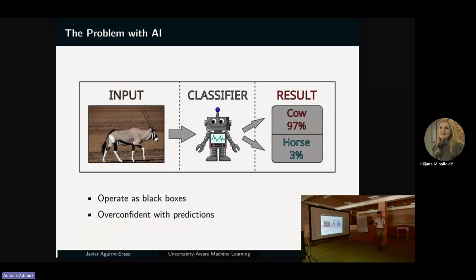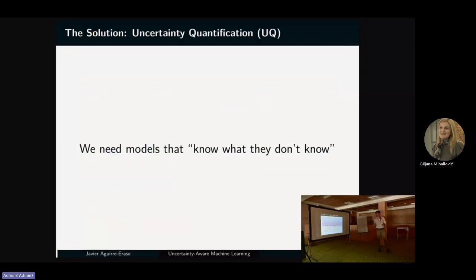So there, the uncertainty quantification field comes to our mind, because we need models that know what they don't know. So we need a way of measuring the uncertainty of a model when it predicts something.